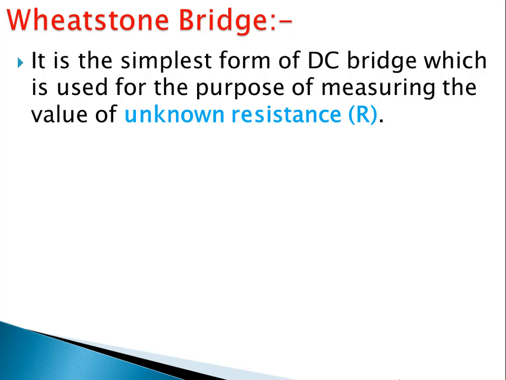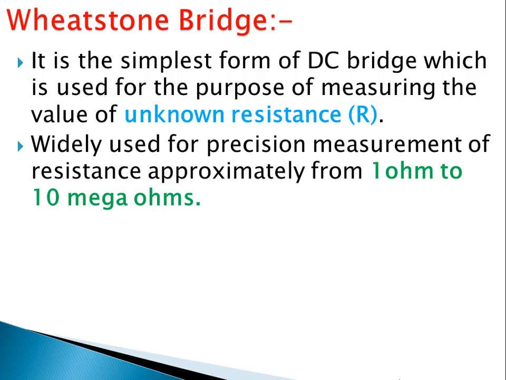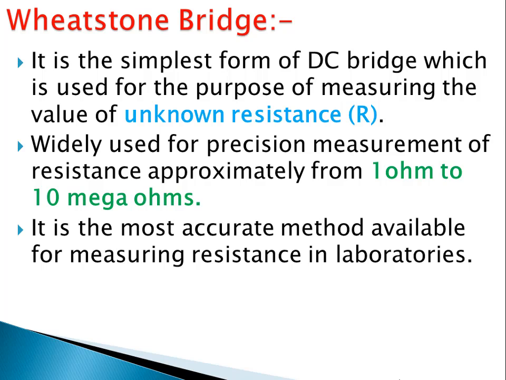As you know, the unknown resistance value is measured in ohm. Wheatstone bridge is widely used for precision measurement of resistance approximately from 1 ohm to 10 mega ohms. It is the most accurate method available for measuring resistance in different laboratories.